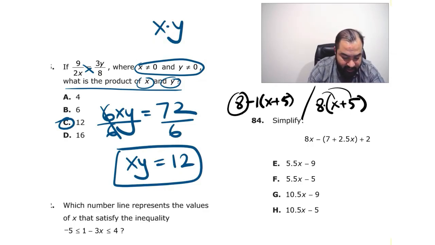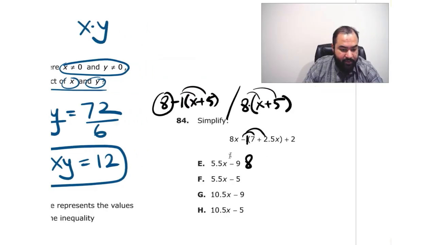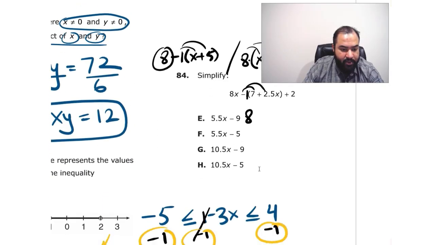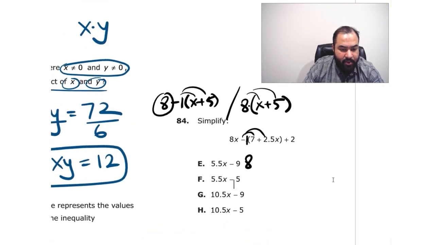What is next to the parenthesis is an invisible 1 here, and that negative 1 will be distributed. So I can put an invisible 1 here. Now distribute the invisible 1. So you get 8x minus 7, because negative 1 times 7 is negative 7.